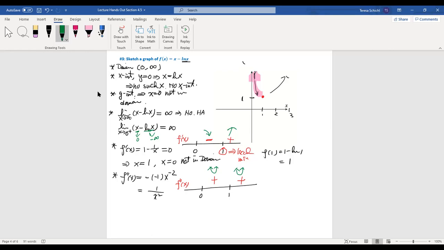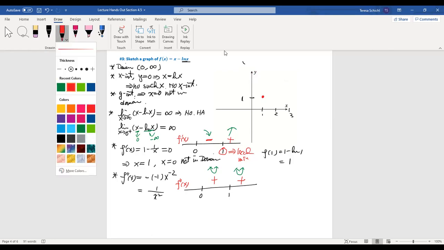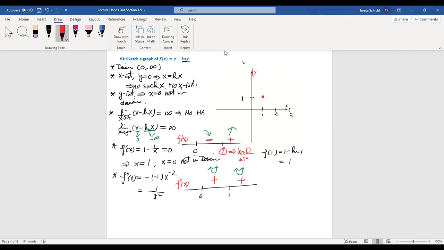So now I can finally fine tune my graph, and I know my graph is going to go something like this. This will be my vertical asymptote, and then it turns here, goes here, and it's concave up all the way.